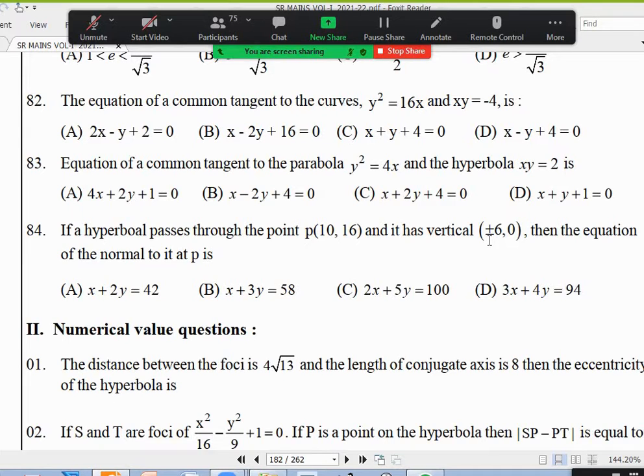So first of all, they are vertices, and then the hyperbola equation is x square by 36 minus y square by b square equal to 1. To find b square, substitute 10, 16. You will get it. And then for the normal, you have a formula, a square x by x1 and all. Is it okay, 84?